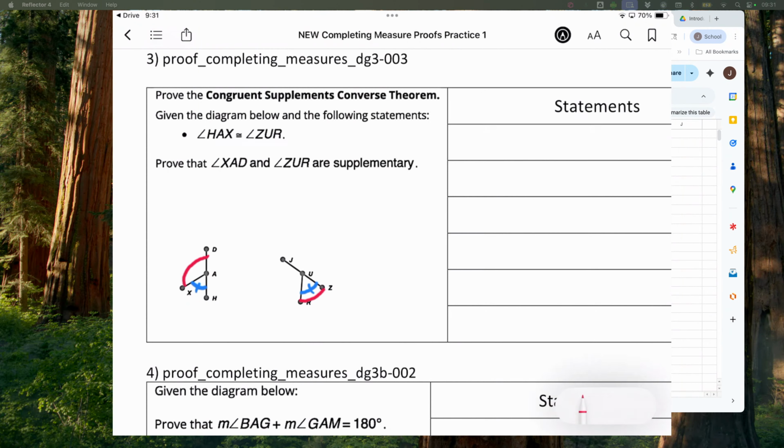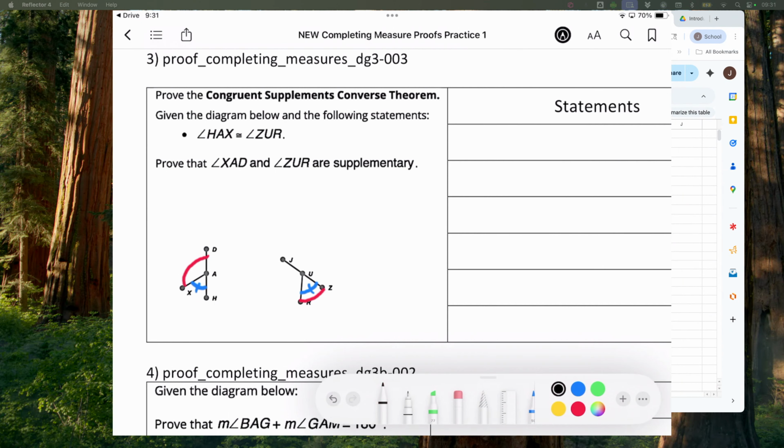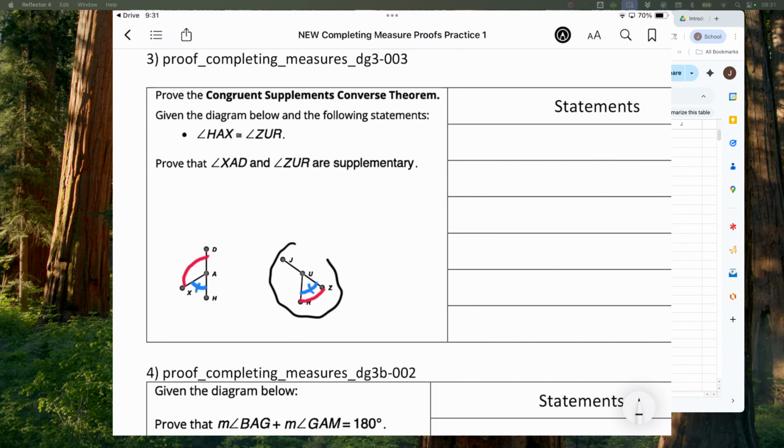The way that we're going to go about that is to say that these two angles are supplementary and these two angles are supplementary. And these two angles are congruent. So I could replace this angle with this angle, and these two would still be supplementary because I replaced that blue angle with an angle that's the same from over here.